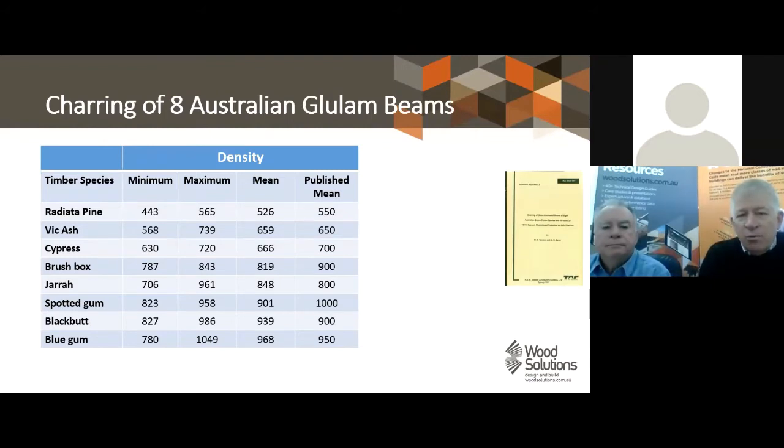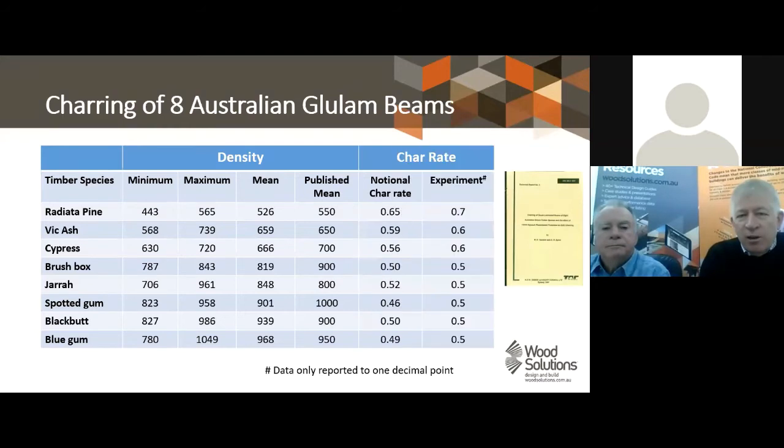And you can see there's quite a large variation. In some of the high density materials, there's something like 200 kilograms per cubic meter density difference in the makeup of the elements. And this explains why we get variation in char when we actually do fire tests. So that can explain things.